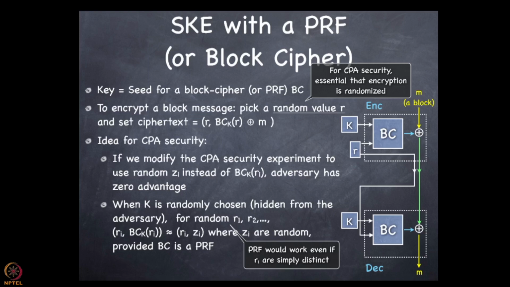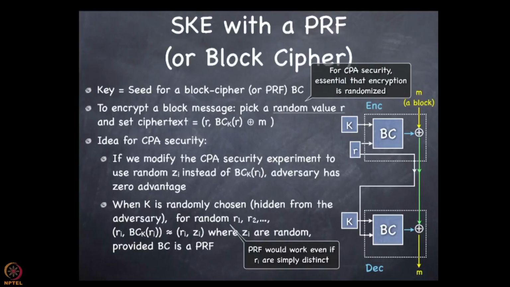A PRF doesn't really require you to use a random value here. Or put another way, we are using more than what we need. We don't really need this full power of the PRF. We can certainly afford to pick random values. Even if the PRF said, I don't care, we can still pick random values.